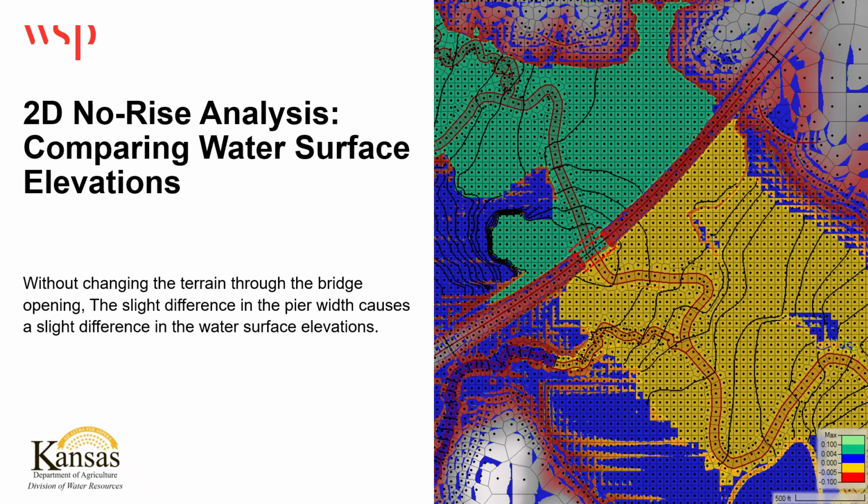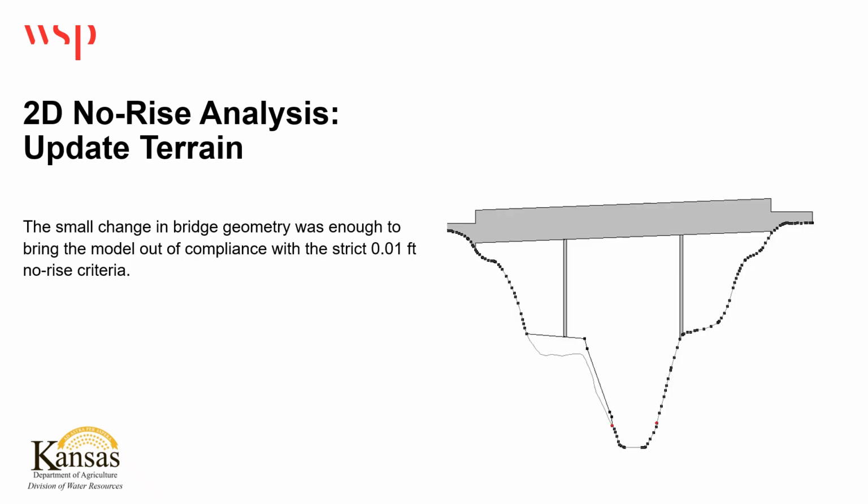So that means the average across those evaluation lines will be higher than that 1/100th of a foot criteria. Those results show that even that small change in bridge geometry with the piers being slightly more narrow was enough to bring our model out of compliance with that strict 1/100th of a foot no-rise criteria.